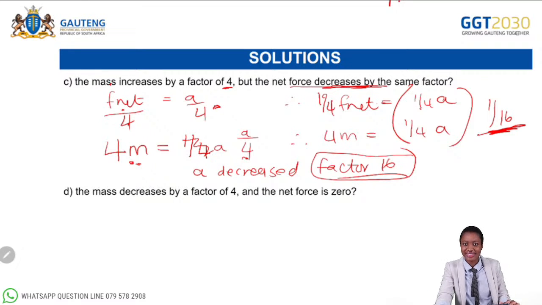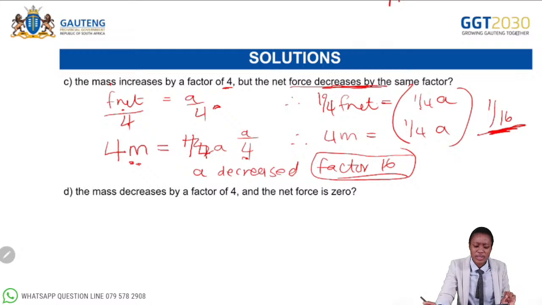Do you understand? Right. The last one says the mass decreases by a factor of 4, and the net force is 0. Remember, if the net force is 0, how did we come about Newton's second law? We say that the net force causes an acceleration. It was in the last statement in the previous 2 slides.